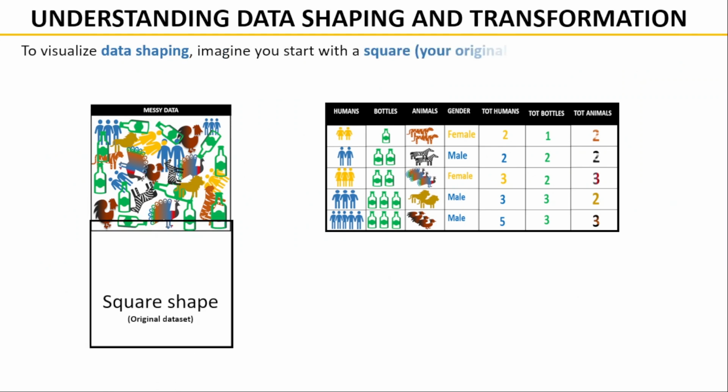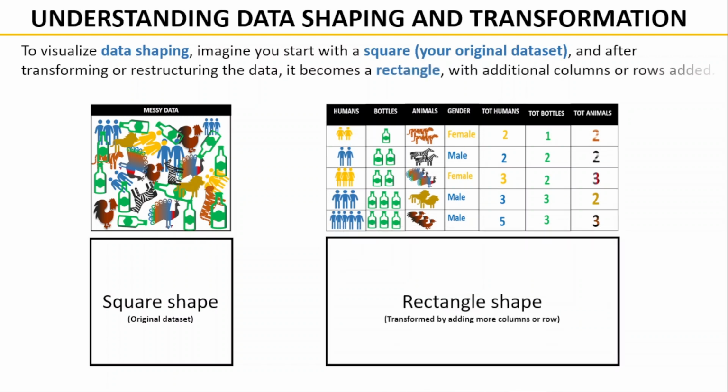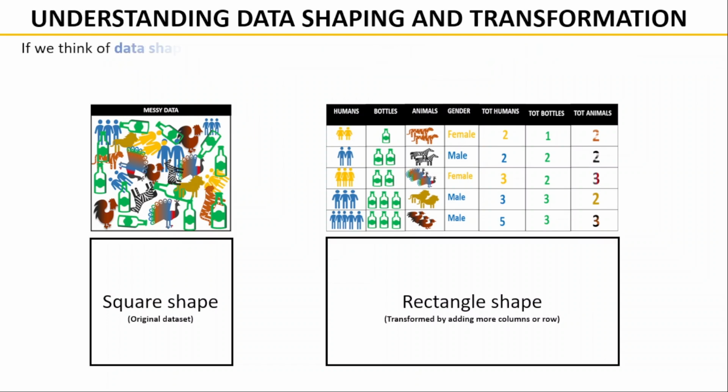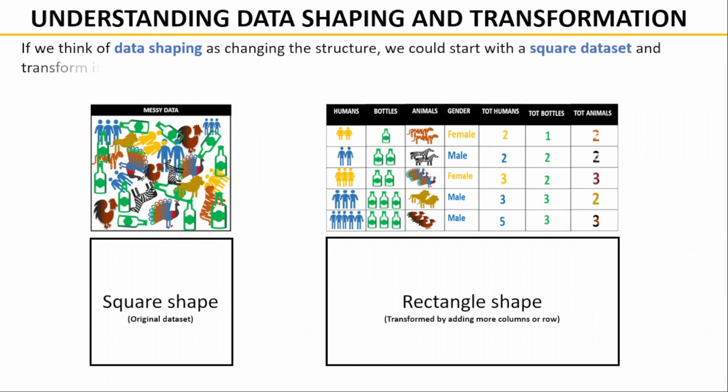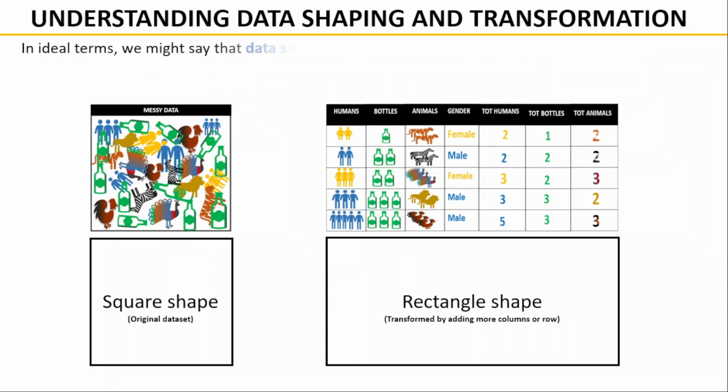To visualize data shaping, let's imagine you start with a square, your original data set, and after transforming or restructuring the data, it becomes a rectangle with additional columns or rows added. Now, if we think of data shaping as changing the structure, we could start with a square data set and transform it into a rectangle by adding more variables, or even go the other way from a rectangle to a square, depending on the data requirements.